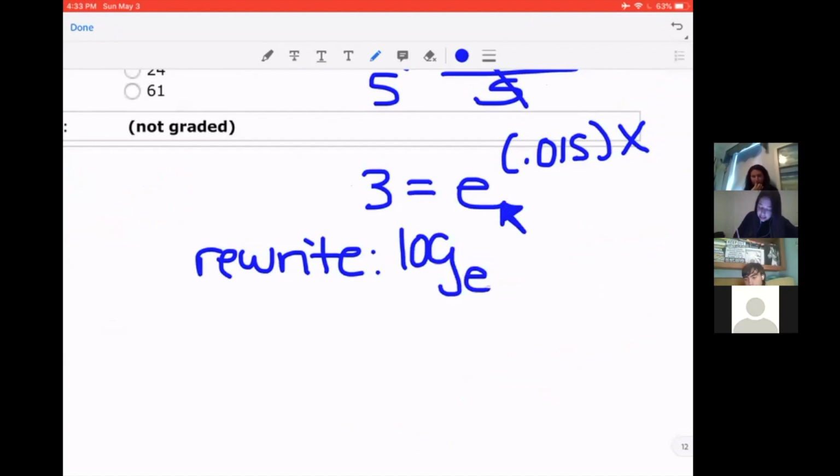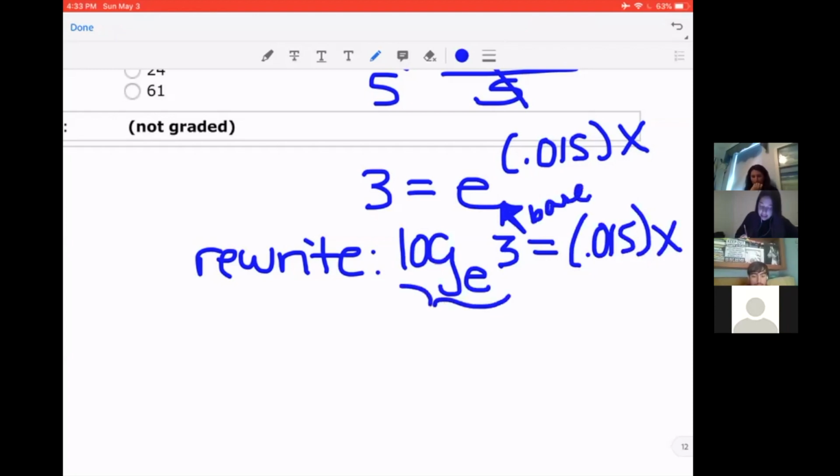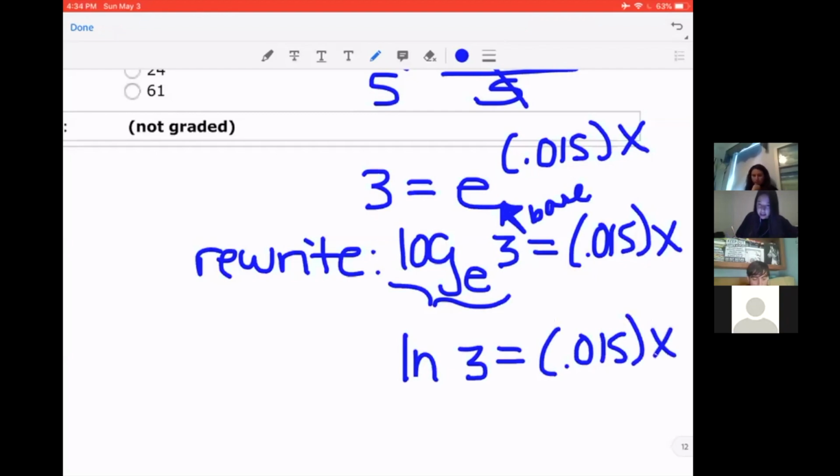So log base e of 3 equals 0.015x. Keep in mind, log base e is the same thing as ln 3 equals 0.015x, because log base e is natural log, which is ln.